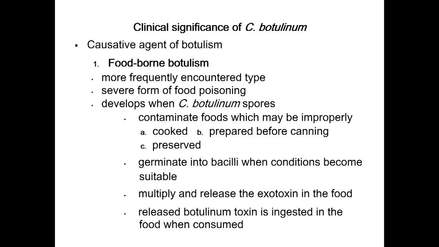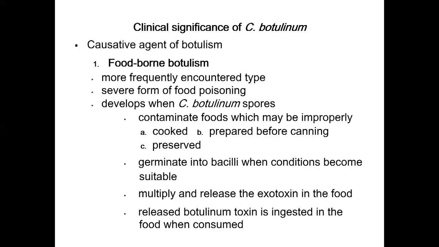It also develops when these spores germinate into bacilli. After contamination, when the conditions change and become favorable for germination, the spores germinate into bacilli. Once they develop into bacilli, they begin to multiply in the food, and exotoxins are released by live multiplying organisms.